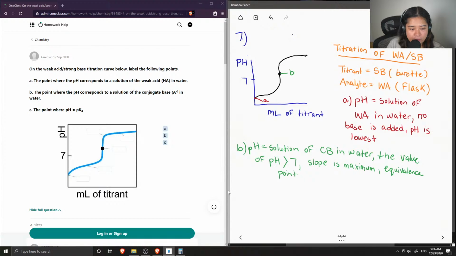And then for the last part, the point where pH is equal to pKa.